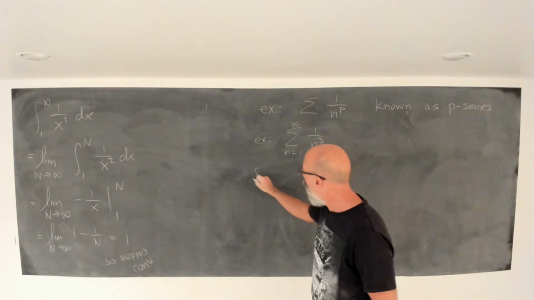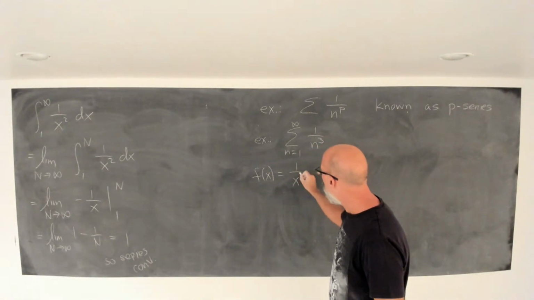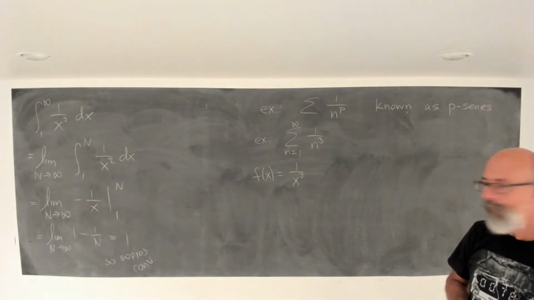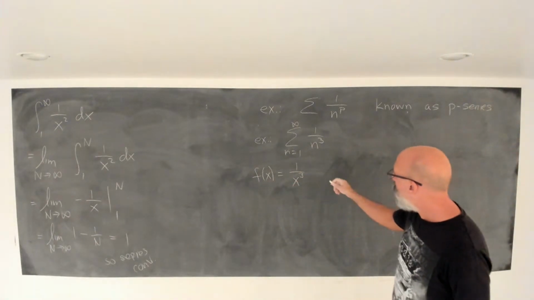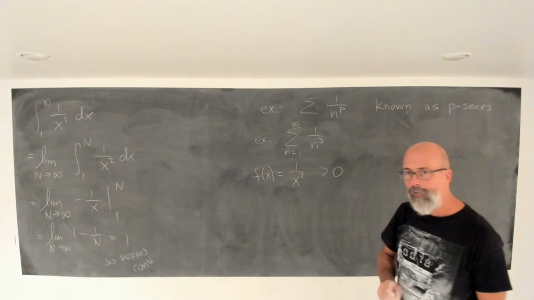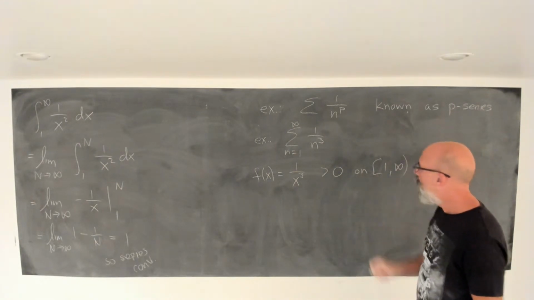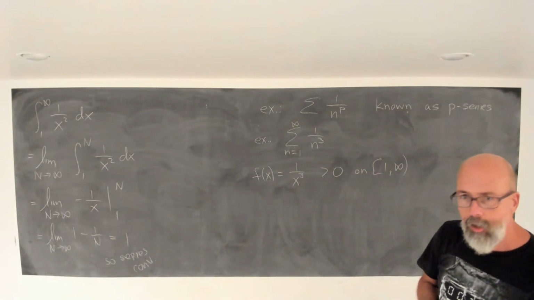The function that gave rise to this is 1 over x cubed. Again, positive on the interval 1 to infinity. Differentiable, so you know it's continuous.